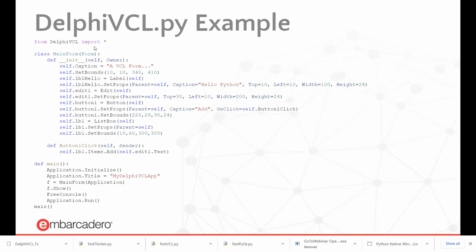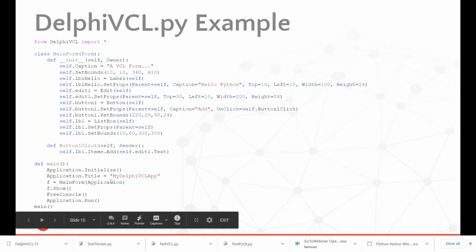Later we use it in this code, creating one class and accessing all the Delphi classes, and then directly setting the properties, like SetBounds. We are setting the label, the owner. Here the owner is this form itself, and then the parent, and some of the properties. So basically it's the same thing as the previous example.